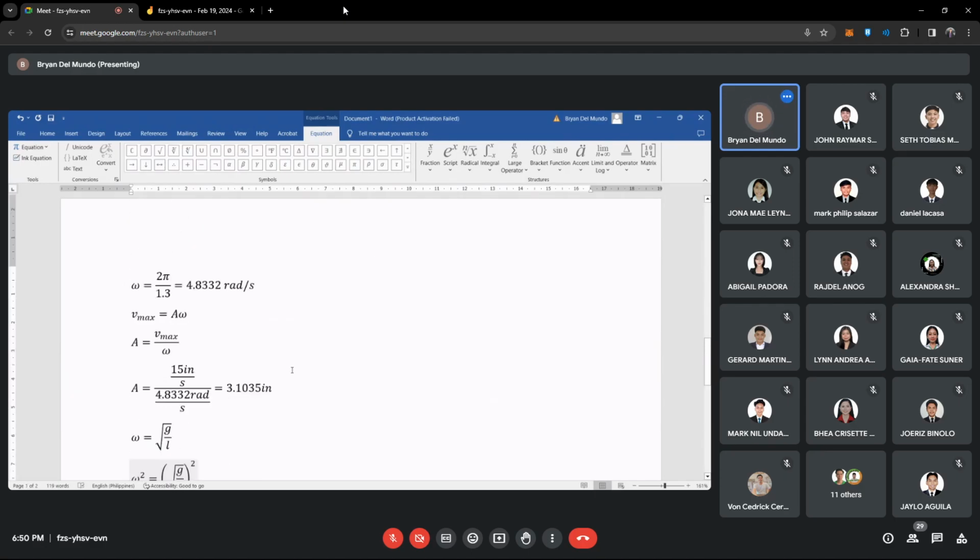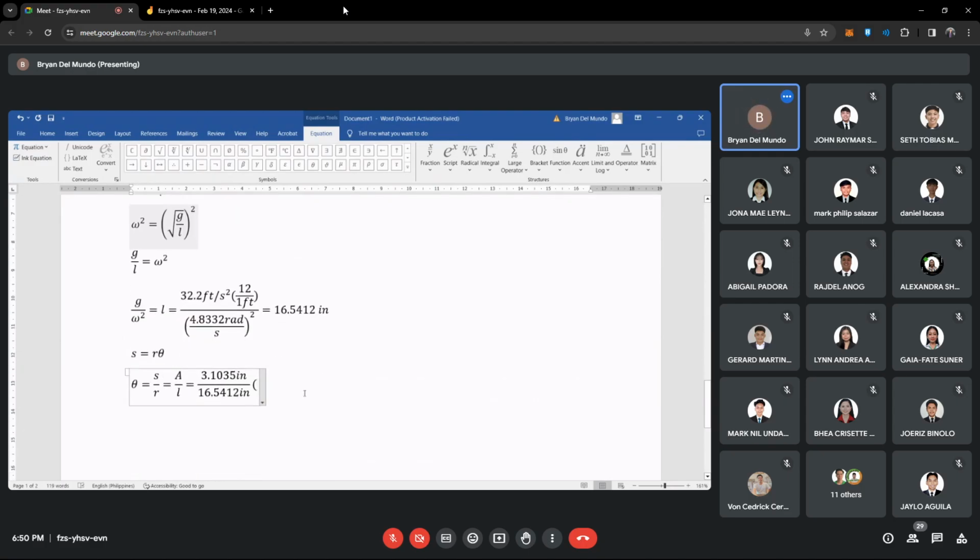So kailangan degree yung ating final answer. Pero, so ang mapapalabas natin dito is naka-radian. So we're just going to convert. Diretso ko na dito. So 180 degrees is equivalent to pi. Sabi natin pi. So yan. So diniretso ko na siya.